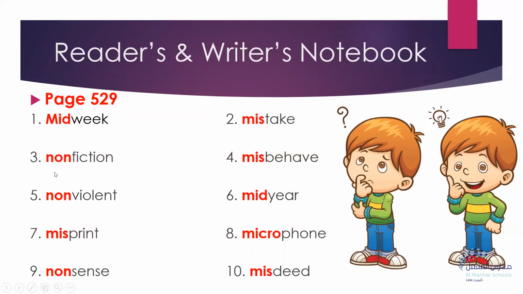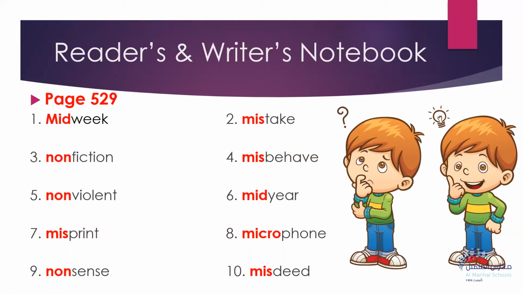Number 3, they give us fiction, a true story, non-fiction. Then to act badly. To act well is behave, but if you act badly or not behaving, you are misbehaving. So misbehave, number 4. Number 5, peaceful.